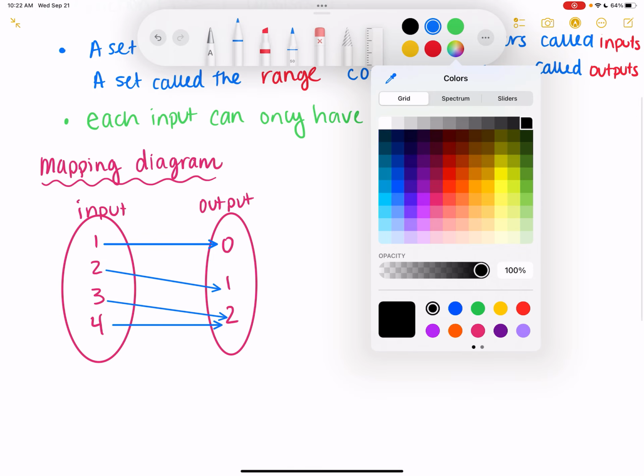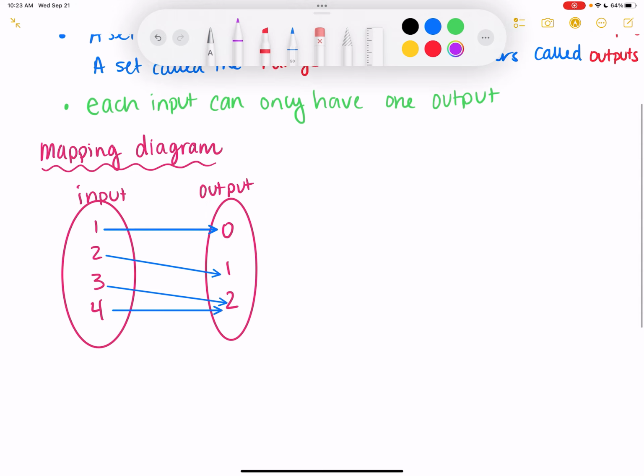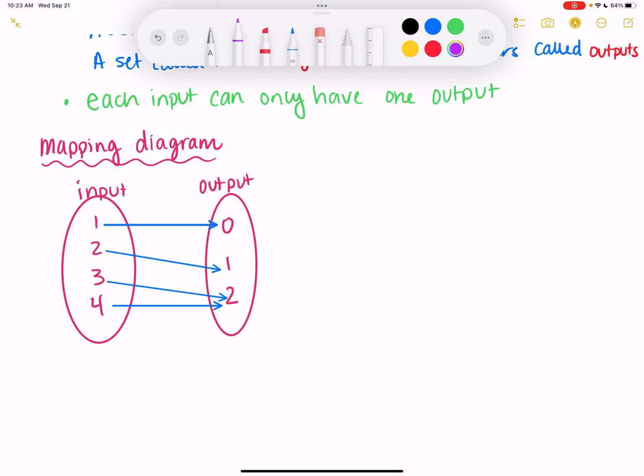And then just for kind of some reference for you, when you think input, okay, you're going to think domain, you're going to think x value, and you're going to think independent variable, okay? So if you hear like x value, that's another name for the domain. It's another name for input.